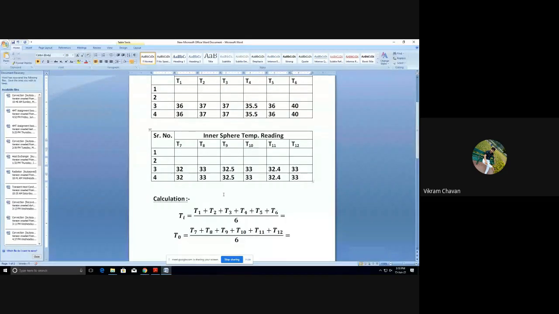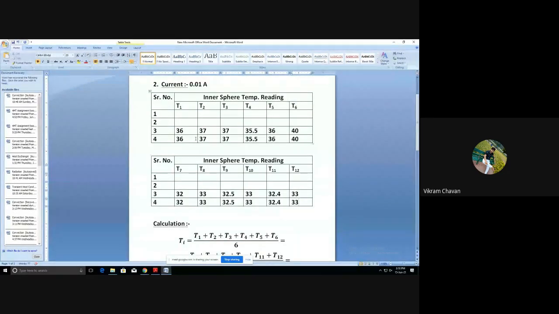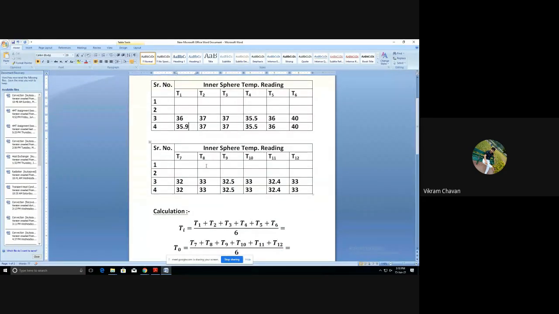When I'm getting this in a similar fashion or near about accuracy, if I'm getting 35.9 for one of the readings, it may vary somewhat. This will also be considered as accurate steady state if one of the readings slightly varies from the previous reading.